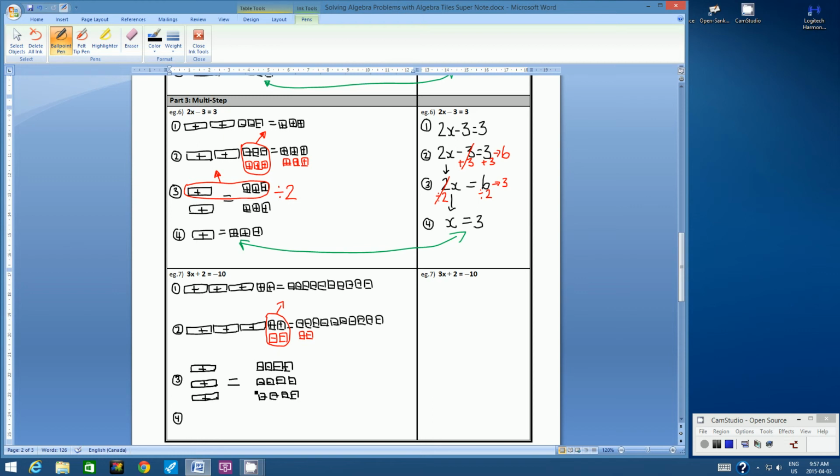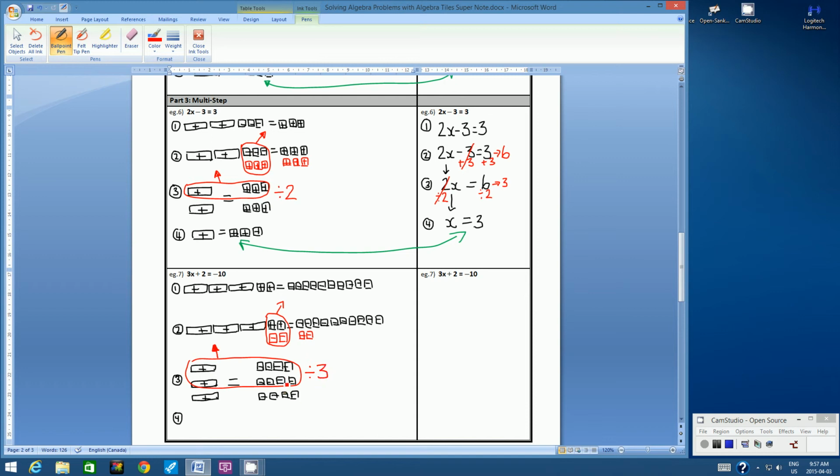Okay, so we still have the 12 negative tiles on the right-hand side, and we still have the 3 x's on the left-hand side. So we want to circle all of the groups except for one, because we want to have one group remaining. It's not a zero model, but we're showing that through division, it's being taken away. What are we dividing by? We're dividing by 3.